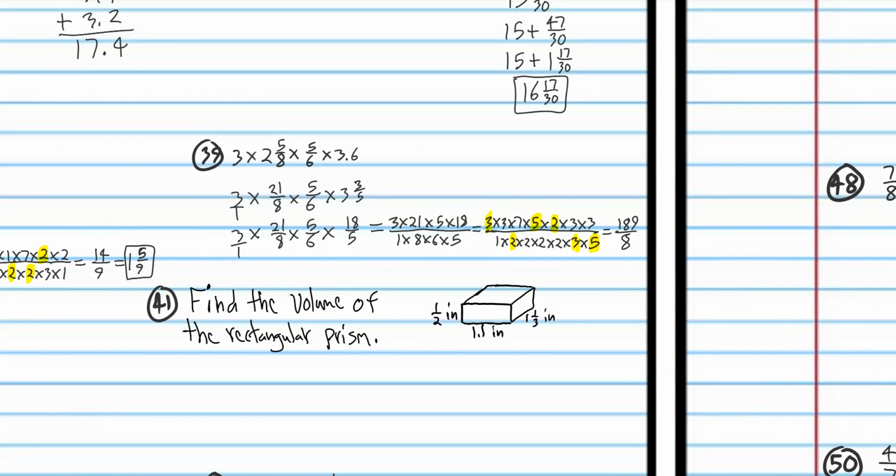So at this point, we have a huge improper fraction. So you have to figure out how many times 8 goes into 189. So let's see what happens here. We have to use the long division algorithm because we can't do that, at least I can't do that in my head.